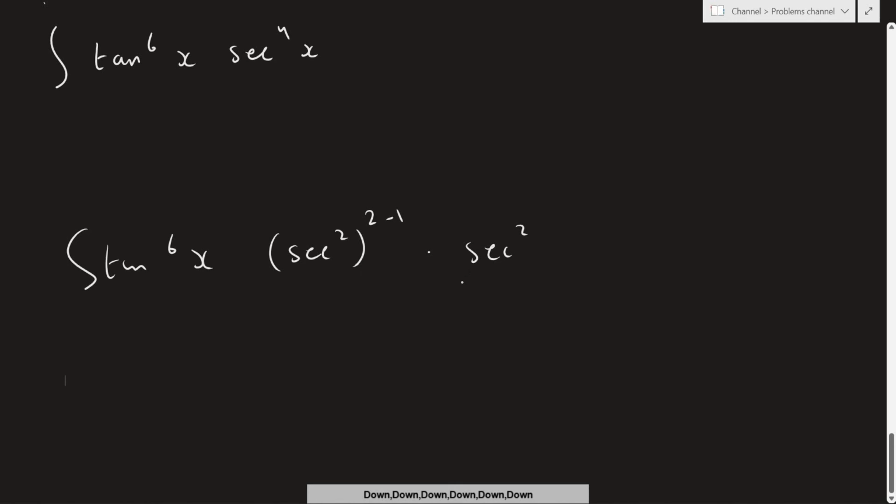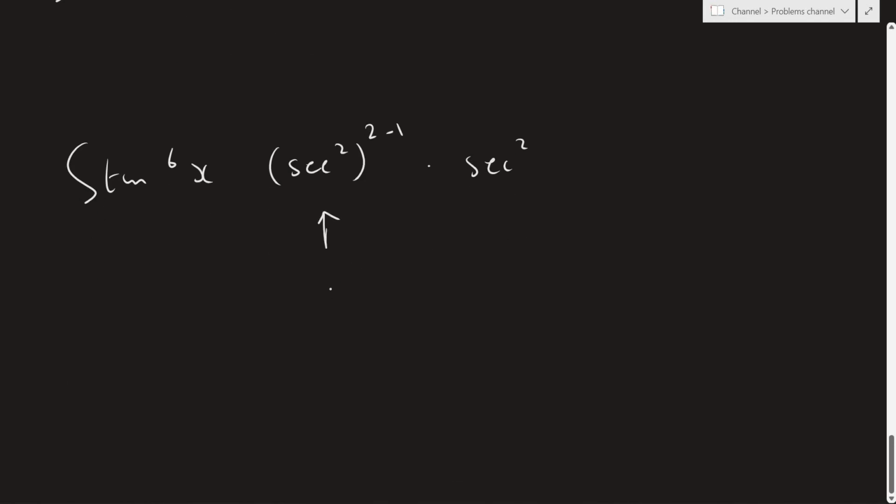Now we need to change secant squared into 1 plus tan squared, times secant squared. 2 minus 1 is 1, so you can leave it empty here. And tan power 6.